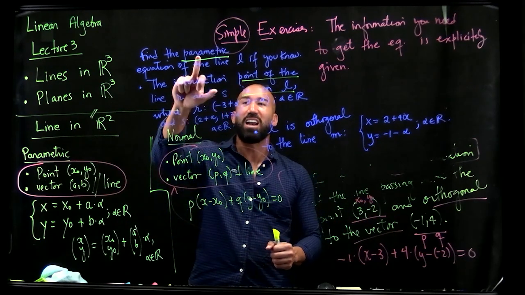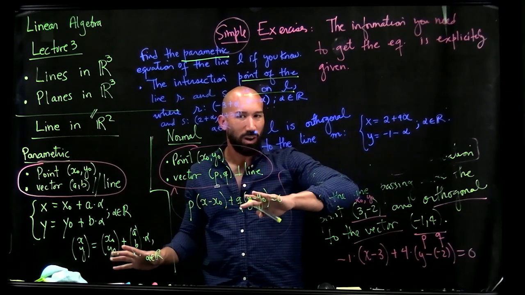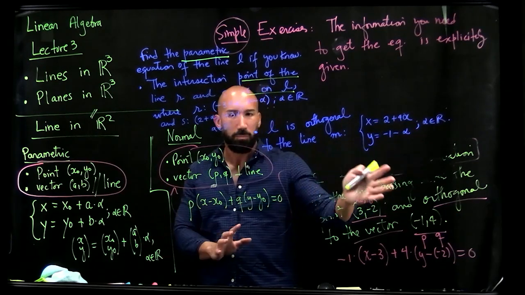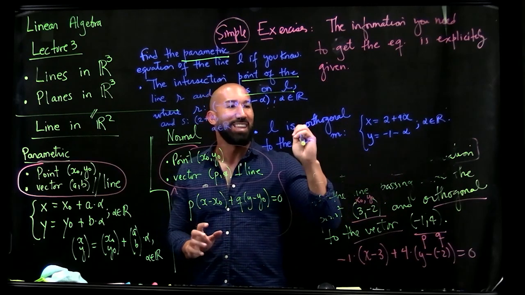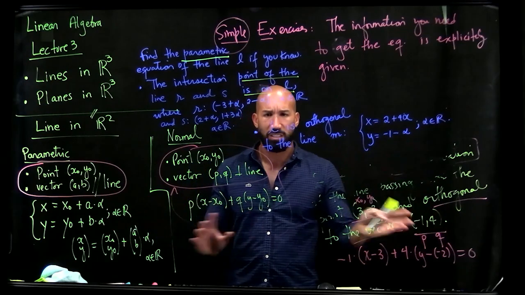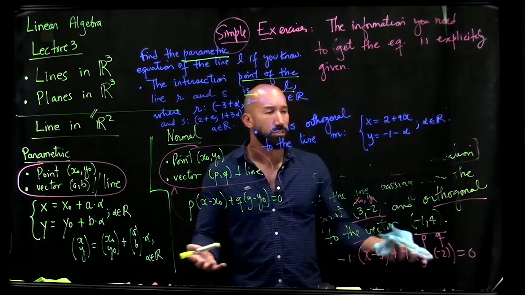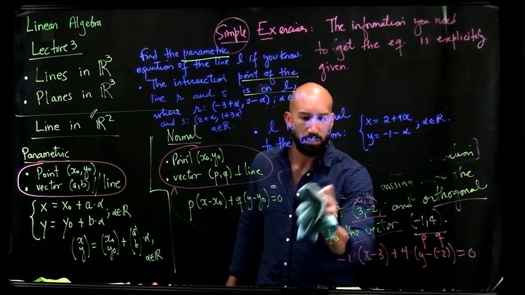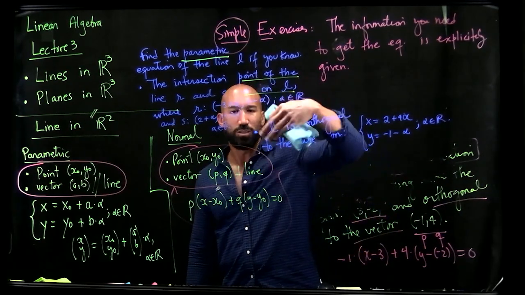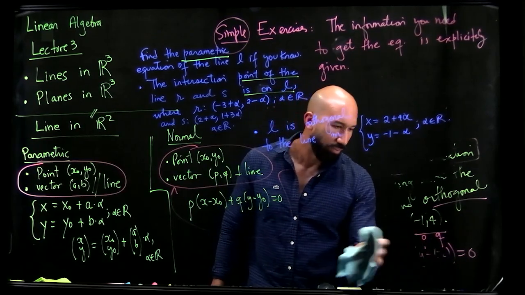And we need a parallel vector, so we have information about the vector here that is related to our line, that we are going to be able to get the parallel vector that we need, but that vector is not explicitly given. So that's the difference between the two kind of exercises that we are going to have here. Okay? Very simple ones and a little bit more complex. Obviously, the level of difficulty here can vary.